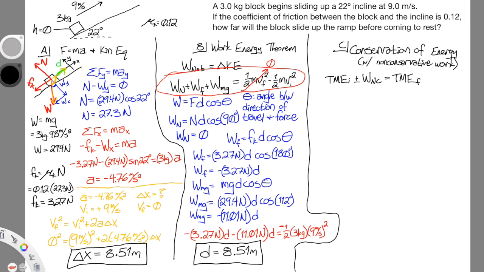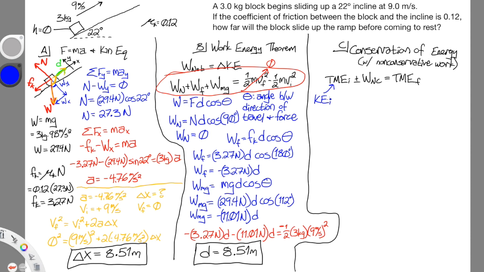So now we just need to figure out what kinds of energy we have present. So our total mechanical energy initial, are we moving? Yes, we're moving. So we do have kinetic energy to begin with. There are no springs, so we couldn't possibly have any spring potential energy.